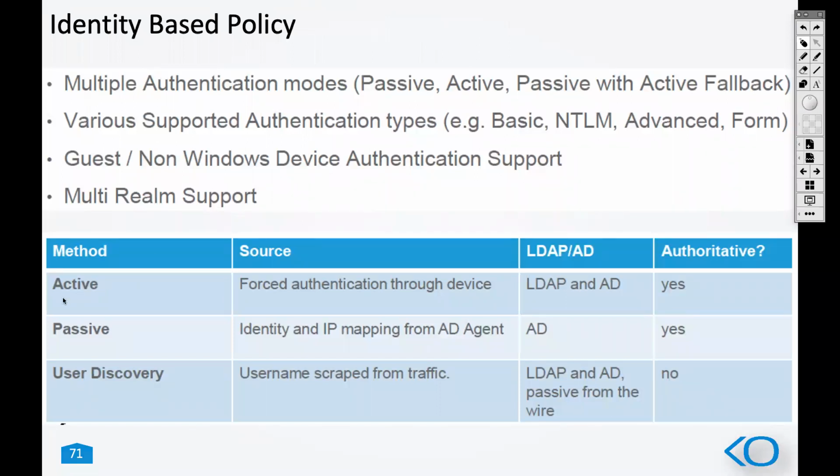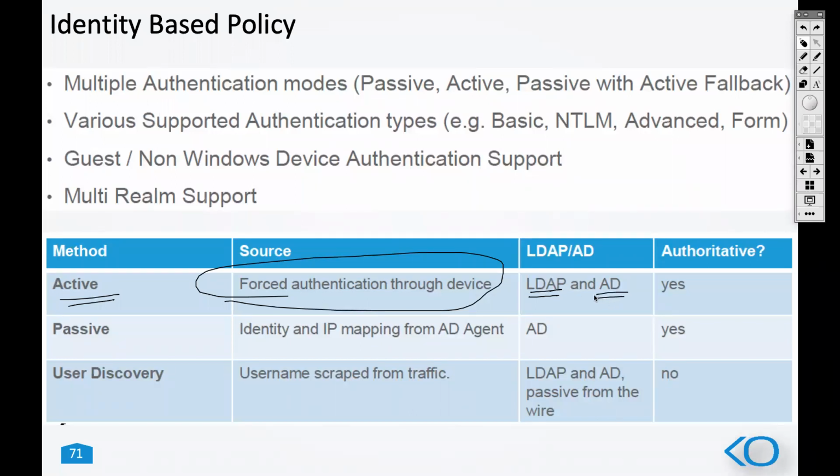Active authentication would be nothing but forcefully asking the user to authenticate, which means that in active authentication, I'm giving him a portal, a page where the user has to enter his username and password. Then my Firepower would check against either LDAP, so either I have an OpenLDAP server running on Linux, or if I have an AD server set up.